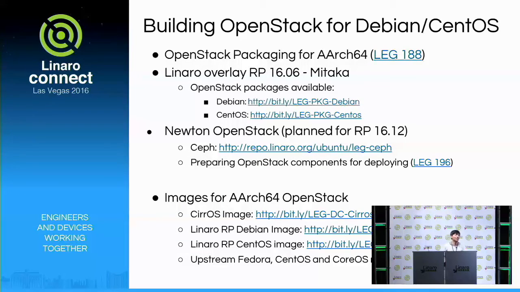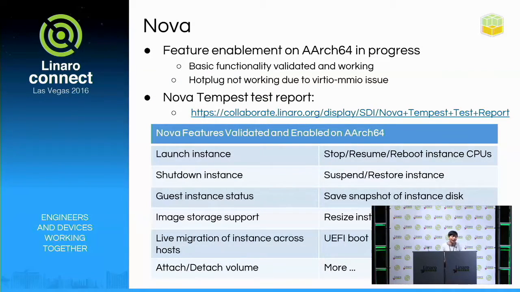So I would like to introduce what the ARM team has done in collaboration with Linaro in the upstream work of OpenStack. The first module is Nova. For Nova, we did two jobs.